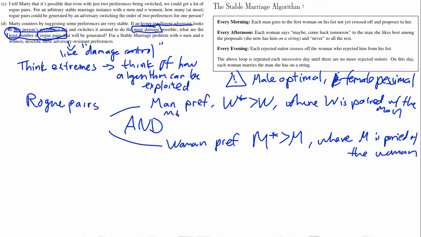And you can think of this man as man star and this woman as woman star. So this is what rogue pairs are.